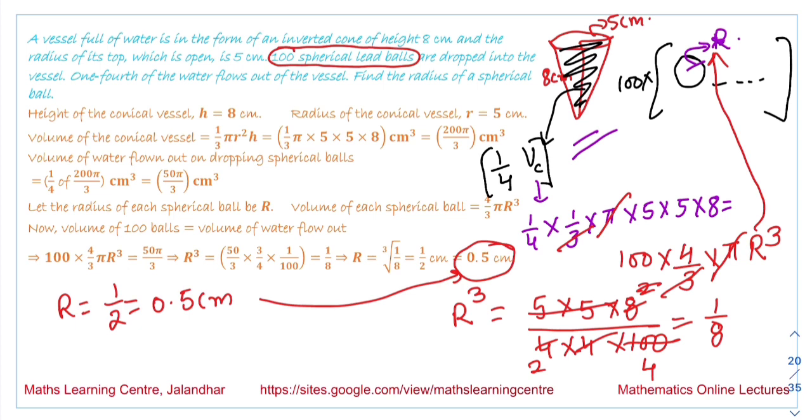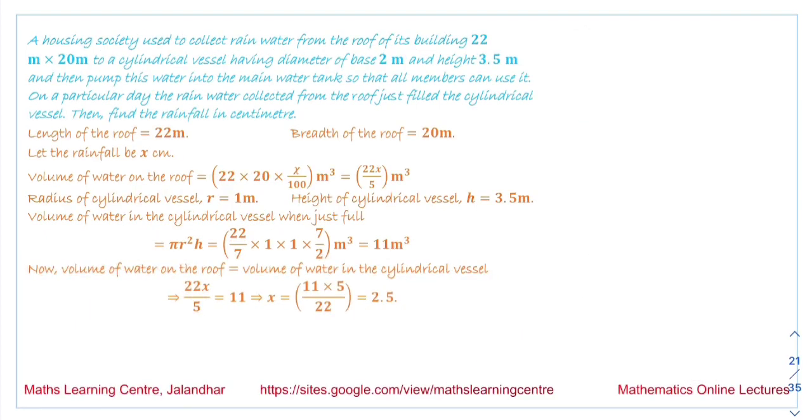Now the next question we have is, a housing society used to collect rainwater from the roof of its building, 22 meter into 20 meter, into a cylindrical vessel having base diameter 2 meter and height 3.5 meter. So the roof of the building has dimensions 22 meter into 20 meter.